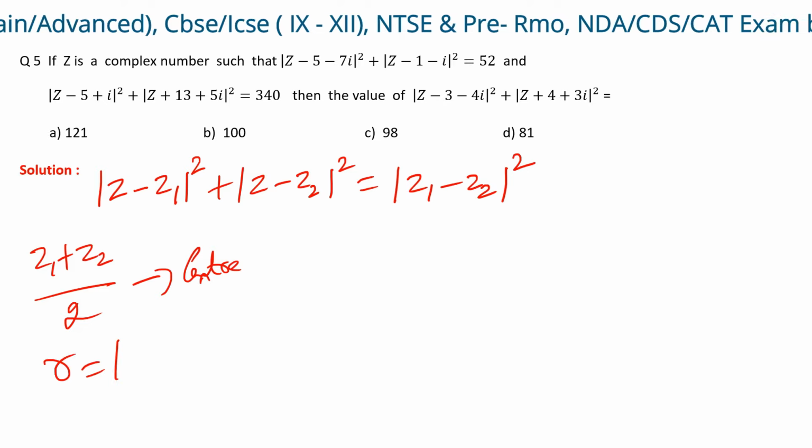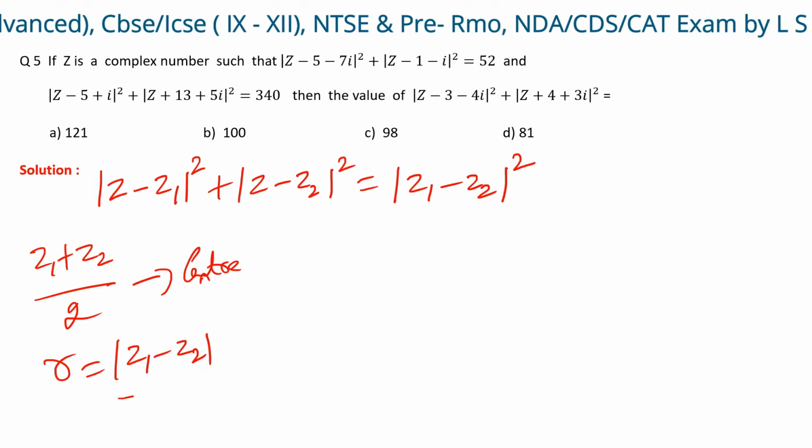And the radius will be given by mod of z1 minus z2 divided by 2.